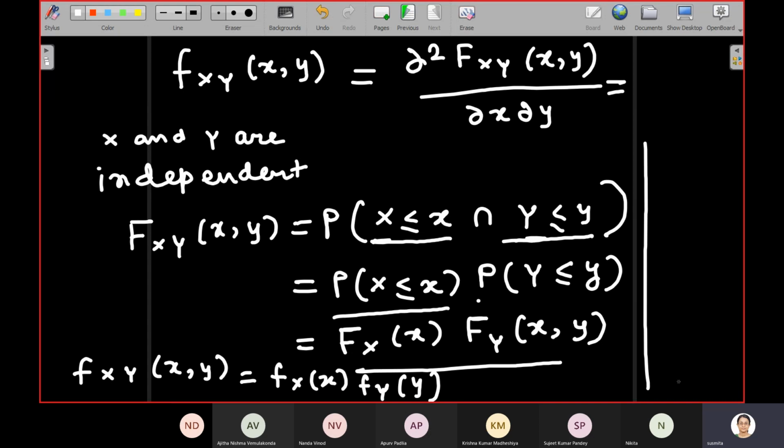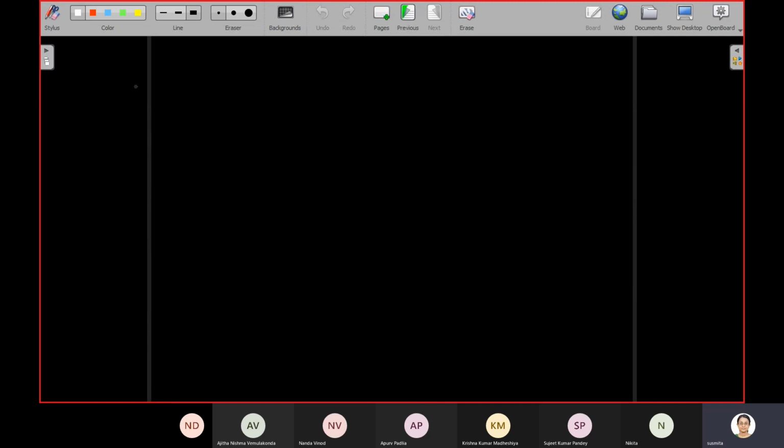What if they are not independent and you have been given the joint PDF? How will you find the individual PDFs? And how will you find the joint CDF? If you want to find the joint CDF from the PDF, you just need to do double integration.